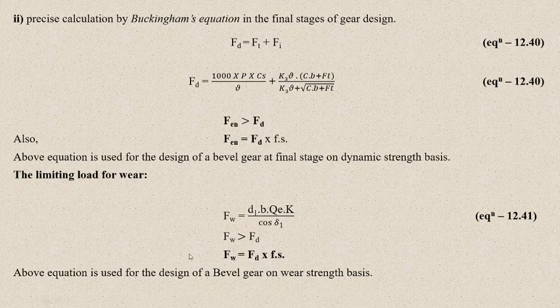Similarly, for the design of bevel gear on wear strength basis, the equation which will be satisfied by us is that wear strength should be greater than the effective load at final stage, and the required equation is Fw = Fd × factor of safety.